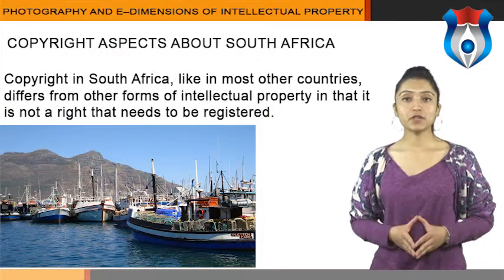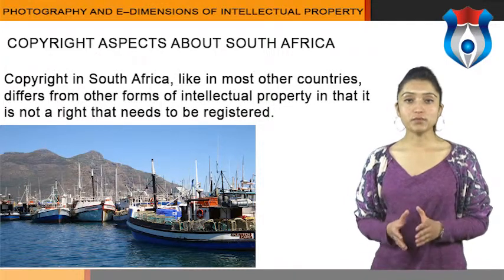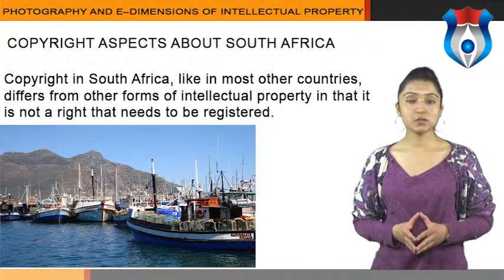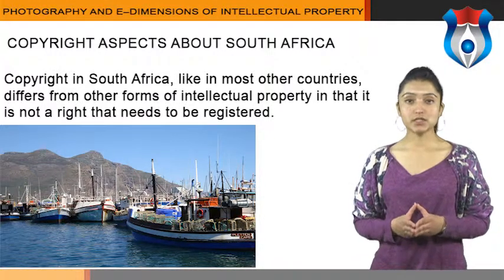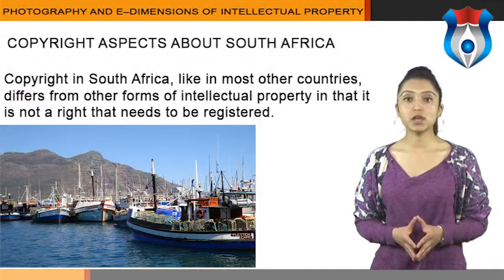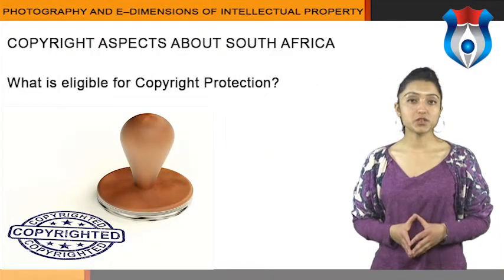Copyright in South Africa, like in most other countries, differs from other forms of intellectual property in that it is not a right that needs to be registered. Unlike patents, trademarks or registered designs, copyright vests in the author of a work once the work is created in a material form. What is eligible for copyright protection?